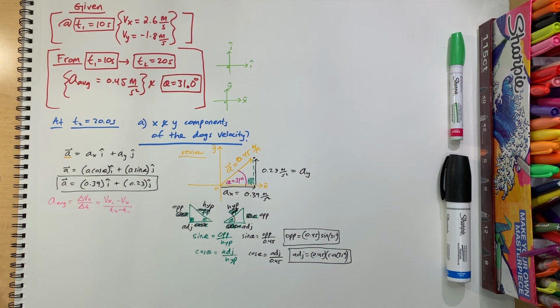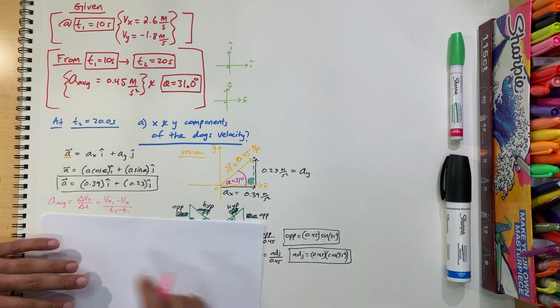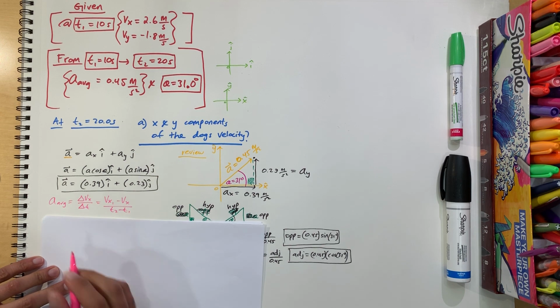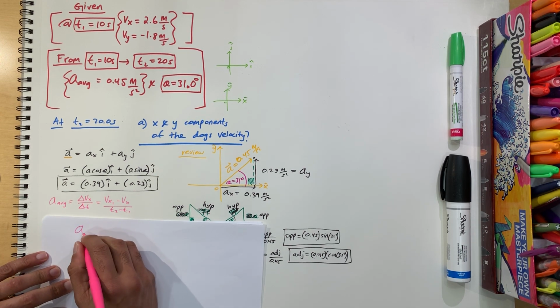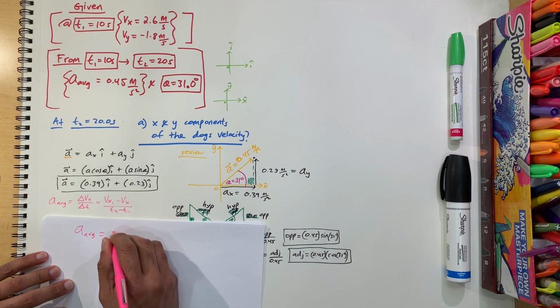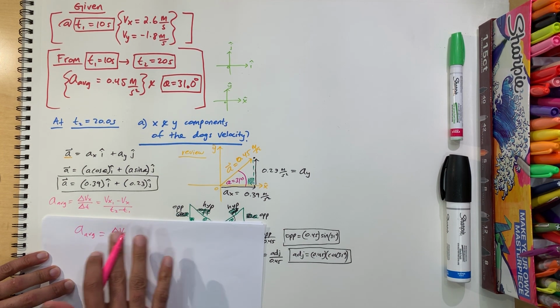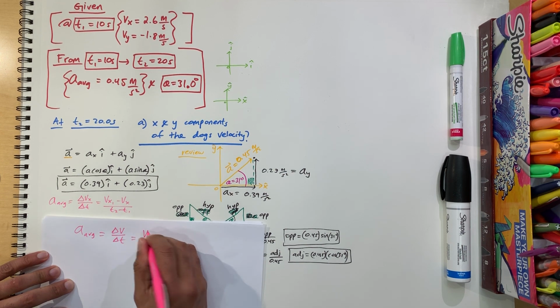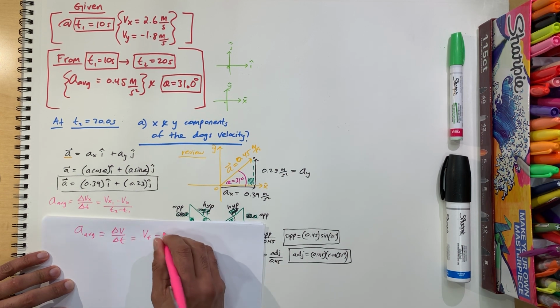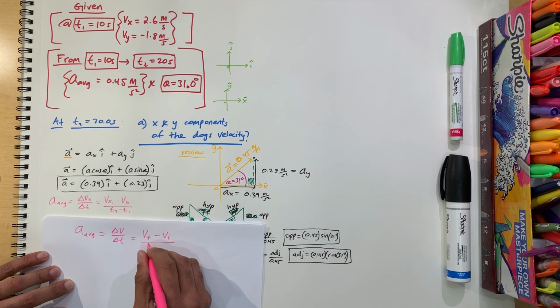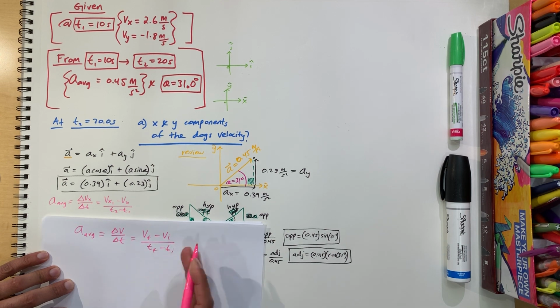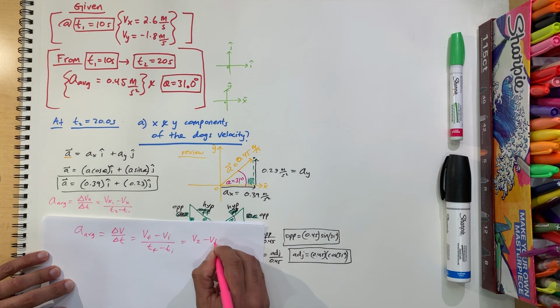What I'm doing basically is writing this equation in a general form. Average acceleration is usually the change in velocity over the change in time, no x or y. So you have velocity final minus velocity initial over time final minus time initial. Or you could put 2 and 1, so velocity 2 minus velocity 1 over t2 minus t1.